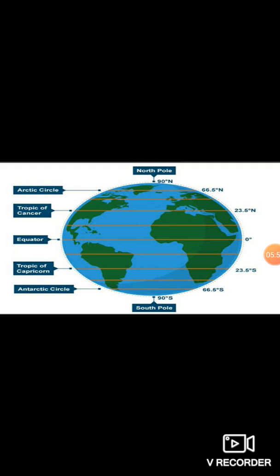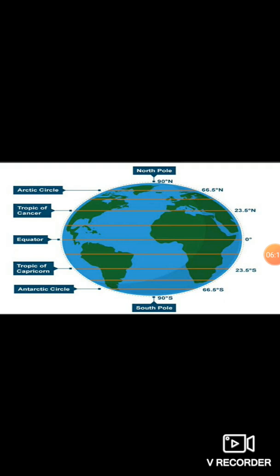Have you seen? Okay. The second one is the Tropic of Capricorn. That is 23.5 degrees south. The same degree in the southern hemisphere. So 23.5 degrees south is known as the Tropic of Capricorn. Okay.